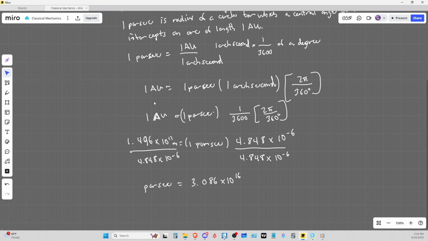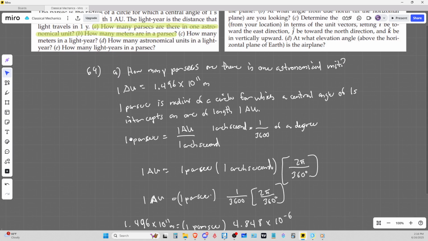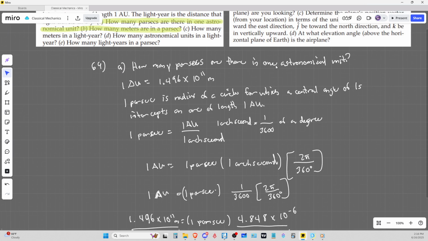Yeah, because the way they wrote the solution was kind of strange. We do have AUs, we're just trying to figure out what the parsecs are. It's like how many parsecs there are in an astronomical unit.